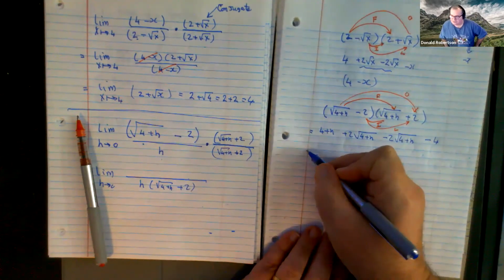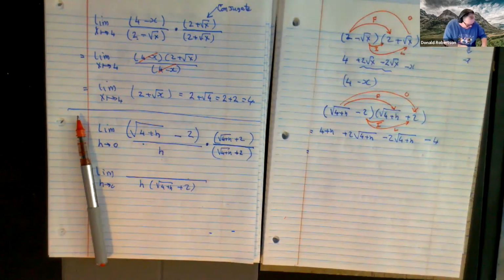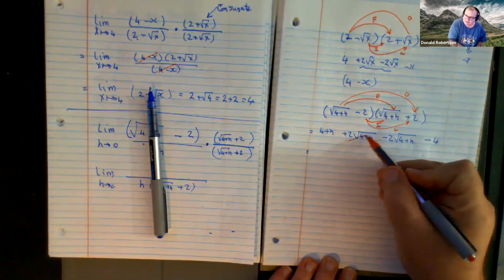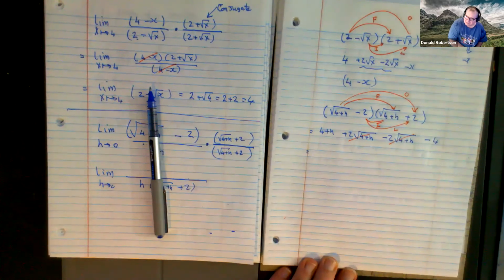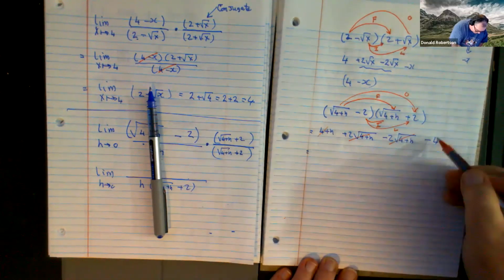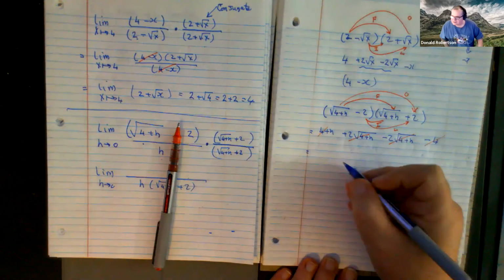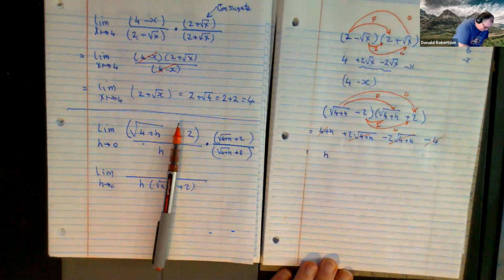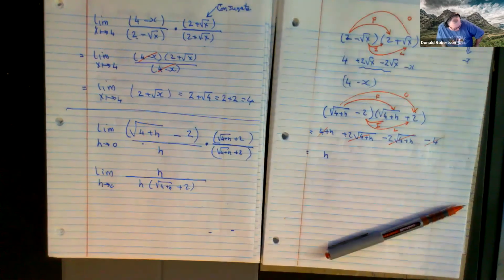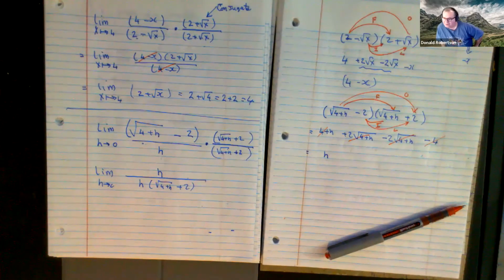Now, how about this for some carnage? Won't this guy kill off that guy? Anybody else get killed off here? Yeah, the 4. In fact, isn't the only thing left alive an h? Have you noticed that my description of simplification is very violent?